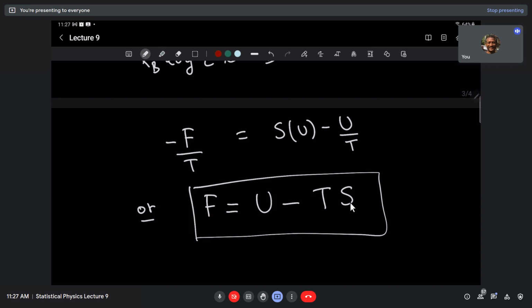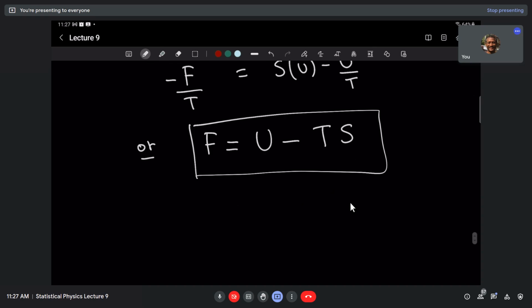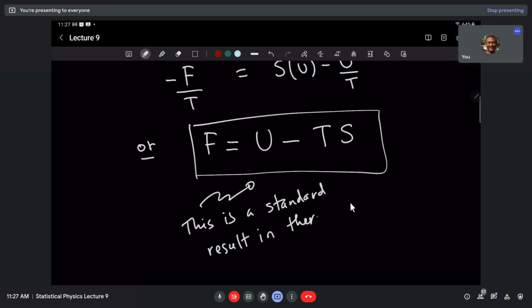So this is actually, so we have in some sense derived it, but this is a standard result in thermodynamics. We didn't need it. Have some of you seen this? Yes, sir. Okay.